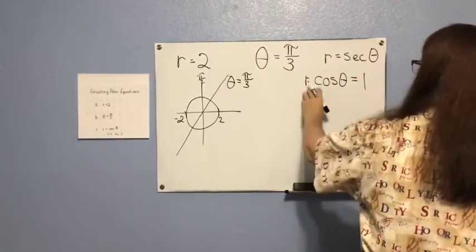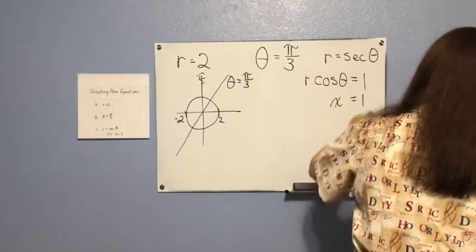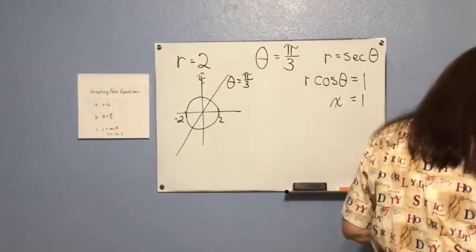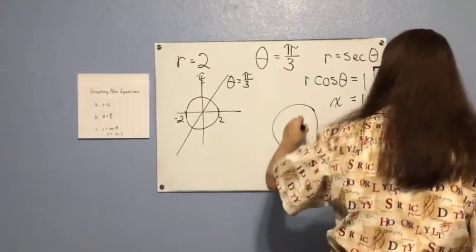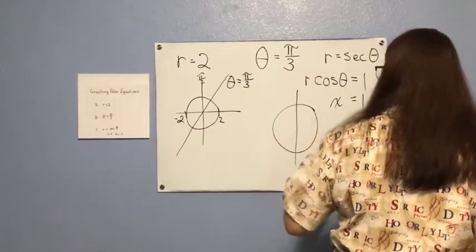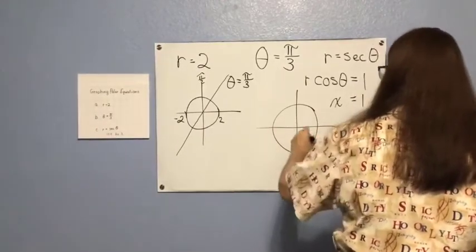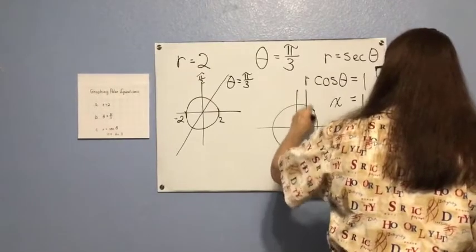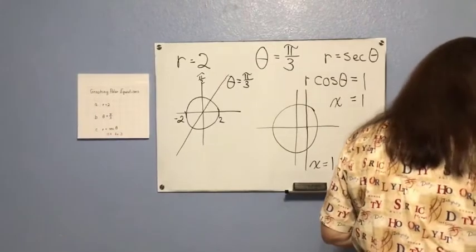We know that r cosine theta is x, so we get x equals 1. That's my rectangular equation. And even on a polar graph, x equals 1 is still this vertical line, which is the graph then for r equals secant theta.